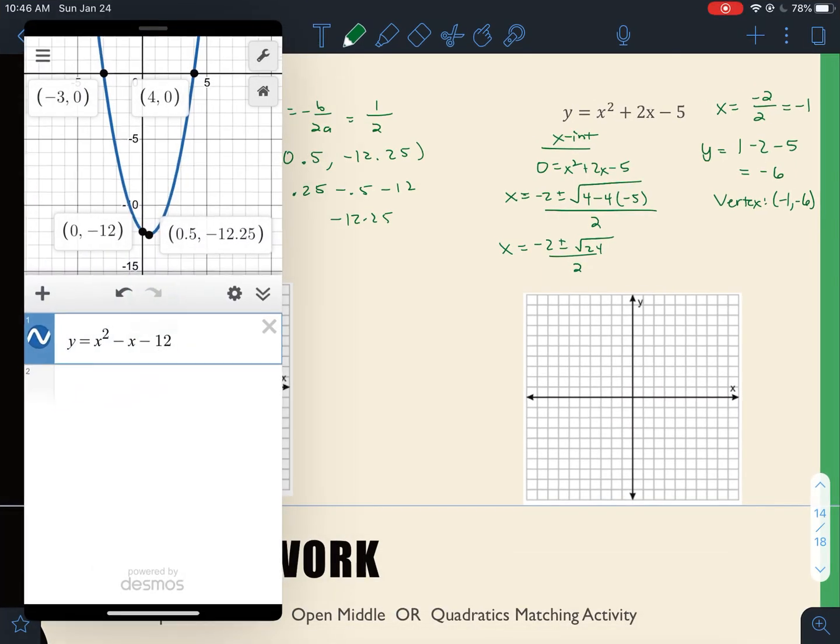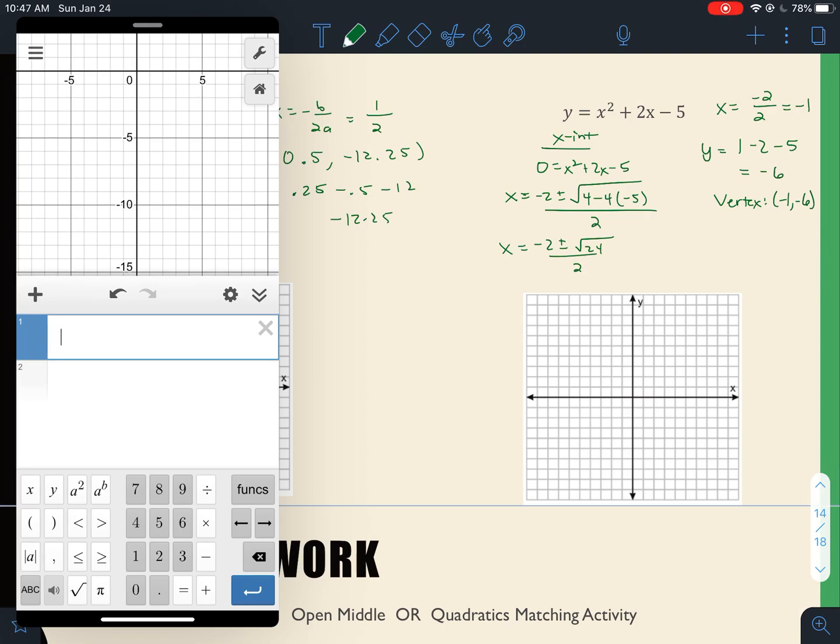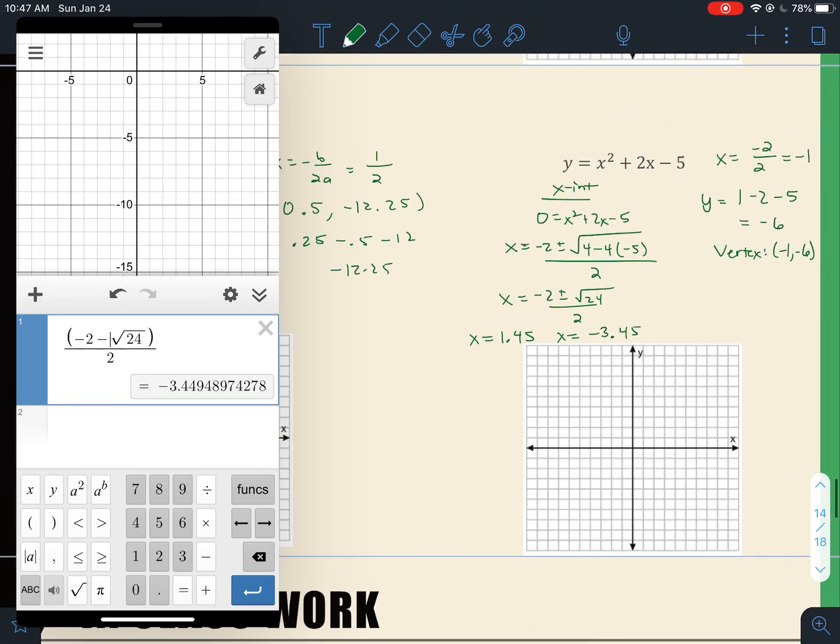So now we're going to use a calculator to figure out the approximate answers. So -2 plus the square root of 24, and then divided by 2. So one of my x-intercepts should be at 1.45, and then subtract the square root of 24. And my other x-intercept should be at negative 3.45.